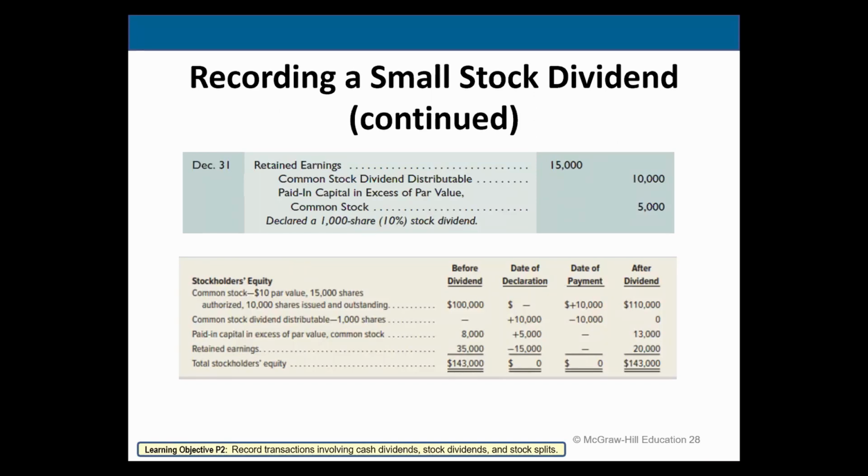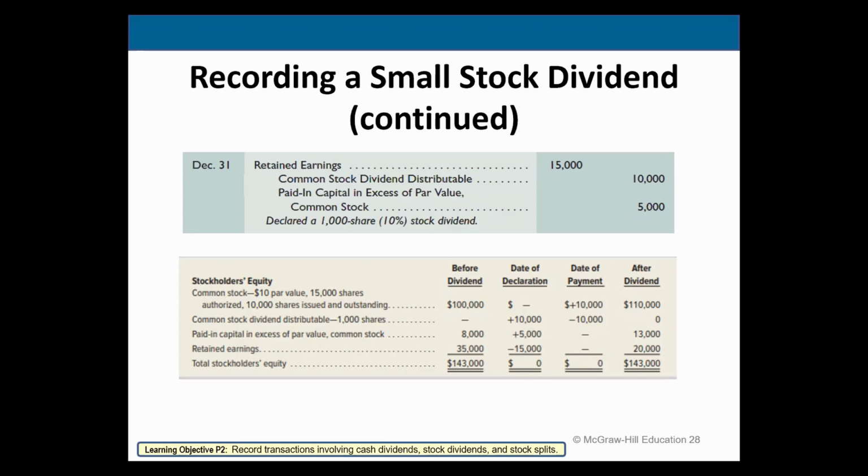Third, retained earnings decreases, reflecting the transfer of amounts to both common stock and paid-in capital in excess of par. The impact on stockholders' equity of Quest is shown in Exhibit 13.6 when its 10% stock dividend is declared on December 31st.